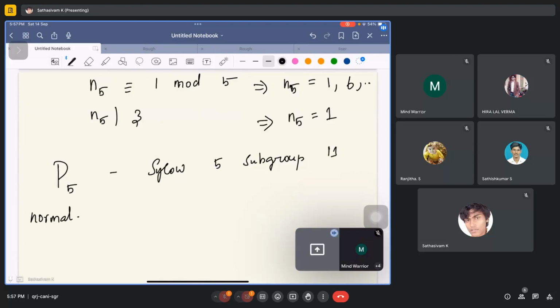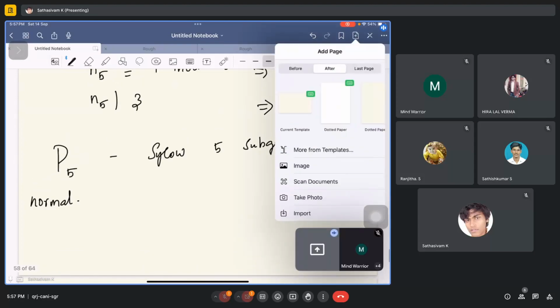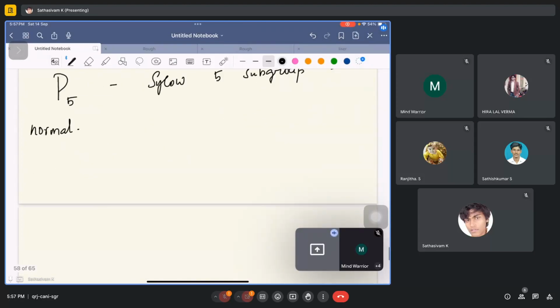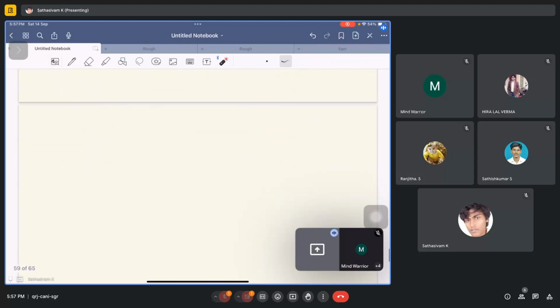Suppose you have a normal subgroup, then what you can do is consider a map from G to the automorphism of this P5. This map is in fact true in general, so I will write the general statement here.